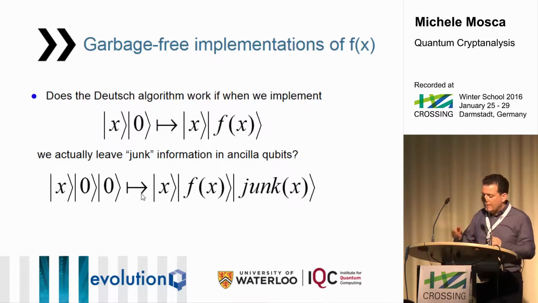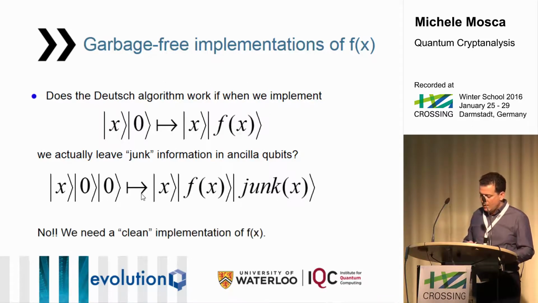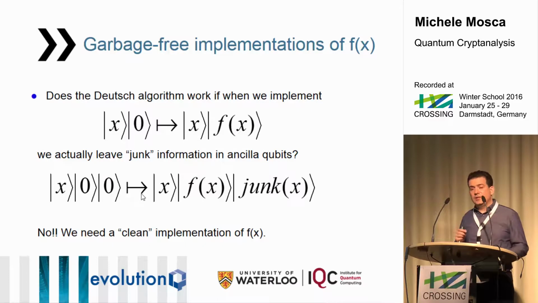But by leaving that junk around, the different paths that take you to the same state are distinguishable, so you don't get quantum interference. So it's a problem if, when you implement an algorithm, you leave this junk information lying around. We need a clean implementation of f at x. So you want x, 0 going to x, f at x with no junk correlated to x lying around.